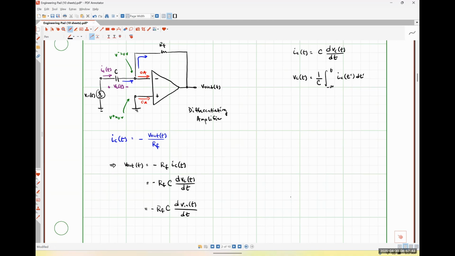All right, so the only thing I'm going to do now is take this exact same circuit and just switch where R and C are placed.